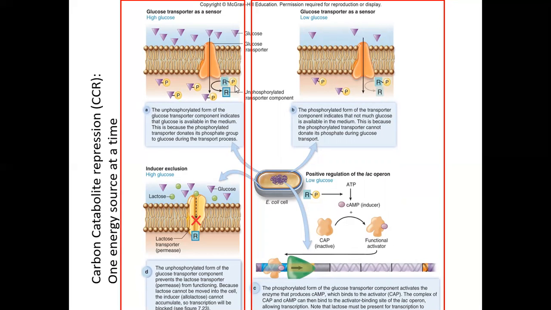So if it's unphosphorylated, that means it's active in phosphorylating glucose. If there's low glucose, it will be in its phosphorylated form. So not much glucose is available. Right, so it has nothing to transfer its phosphate to.